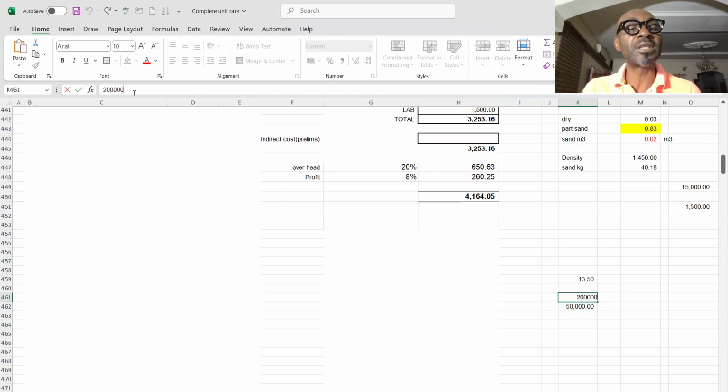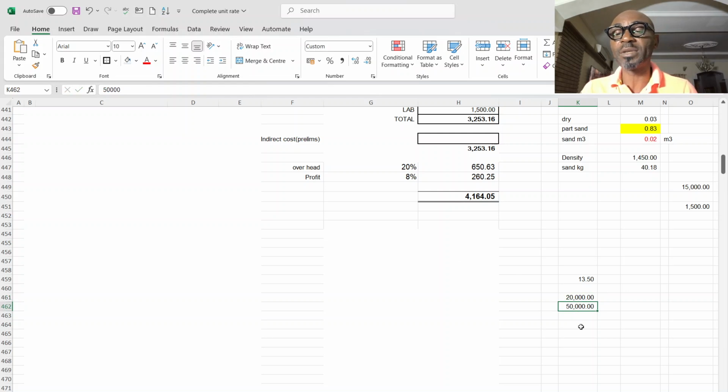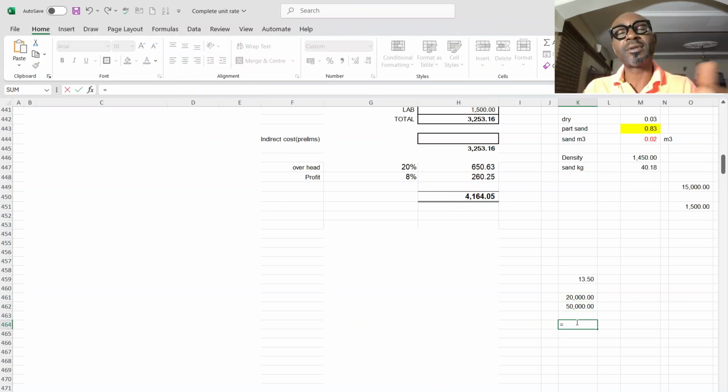If it's going to cost me 20,000 and I have a 50,000 square meter, I want to have an all-in rate. But I need to keep them separately, in case there is a need for me to file for claims for extension as a result of the client's negligence, for ease of reference and applicability.